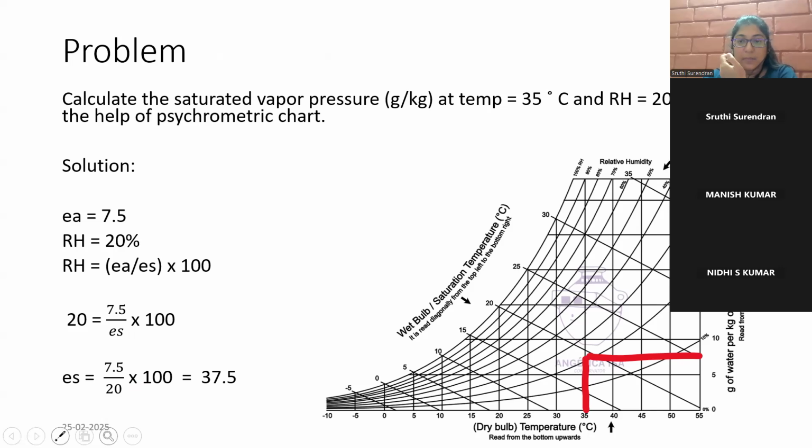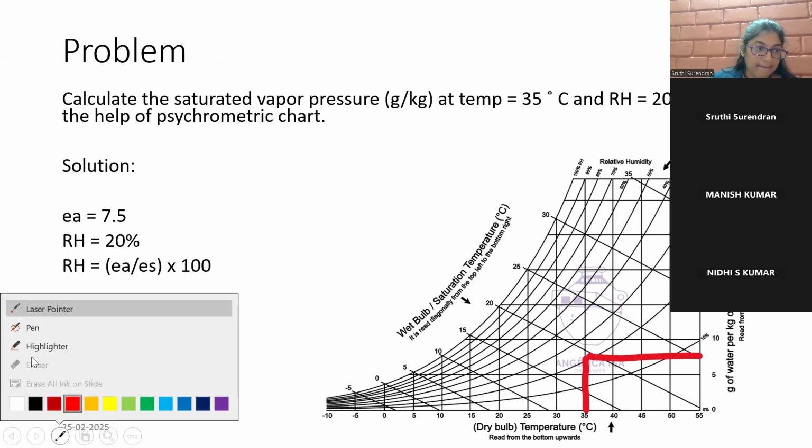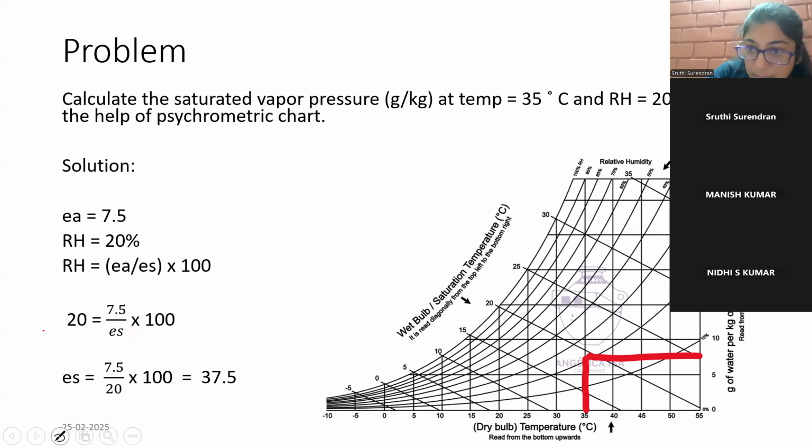Now, the same thing can be obtained from the psychrometric chart also. If you see here, we are supposed to find the saturated vapor pressure, and the temperature given is 35 degrees Celsius.